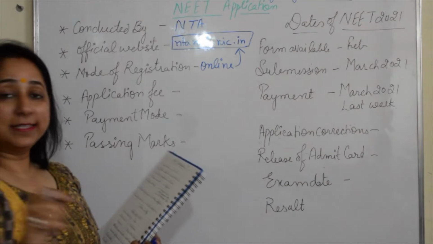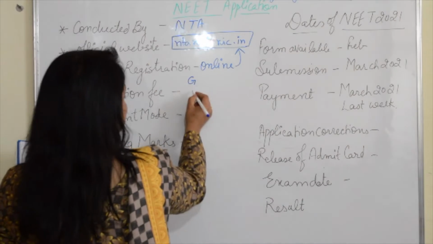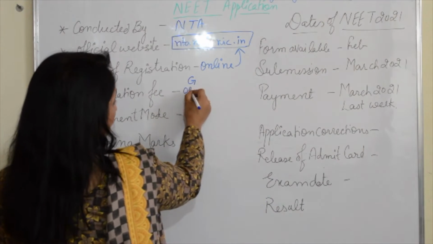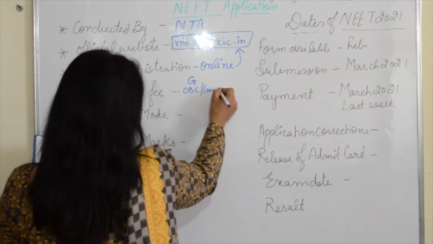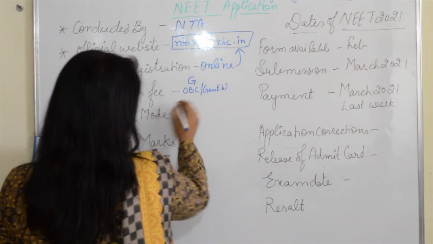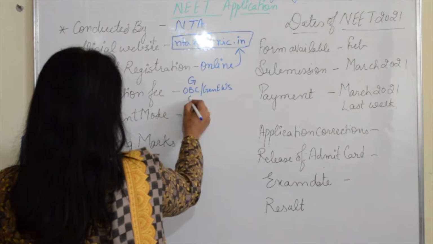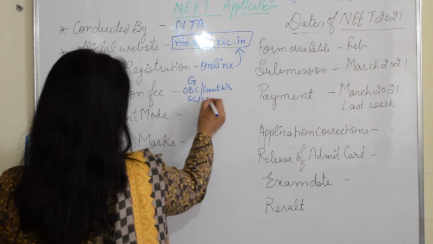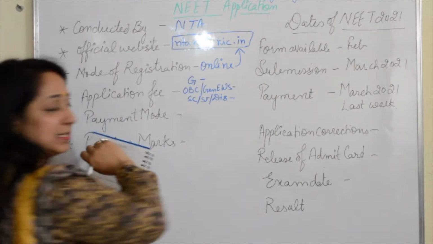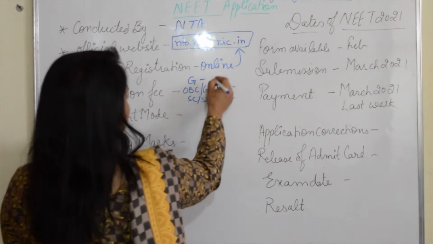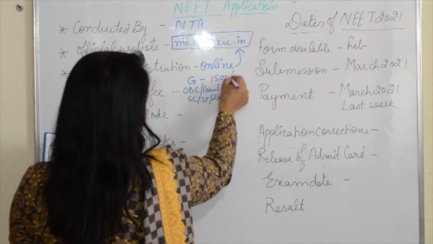Application fee. Now listen carefully. There are three categories: general, OBC and EWS candidates, then SC, ST and disabled candidates. For general, the payment is rupees 1500.